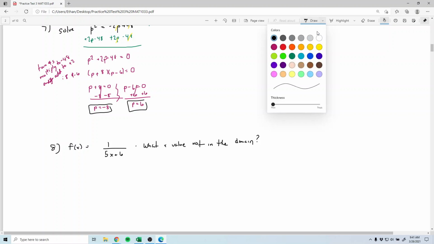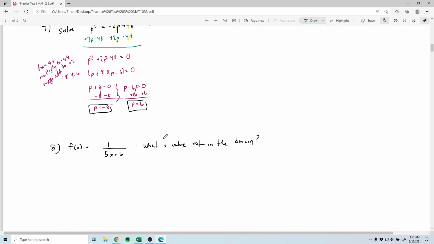Like I just mentioned, the denominator cannot be 0. So the idea is you set the denominator equal to 0, you figure out what x values you get, and those are your answers.